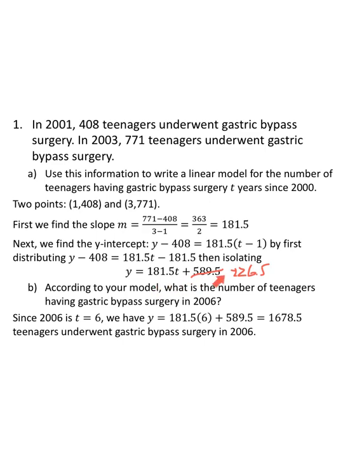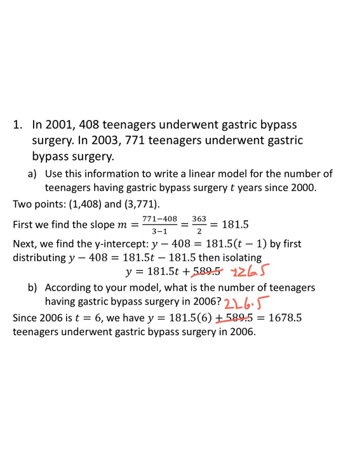Now, according to our model, and this is our model with the correct number, 226.5, we can estimate how many teenagers have gastric bypass surgery in 2006. I should have known that I was wrong when my number was so huge. 226.5 plus 6 times 181.5.